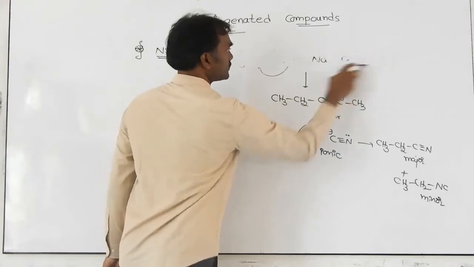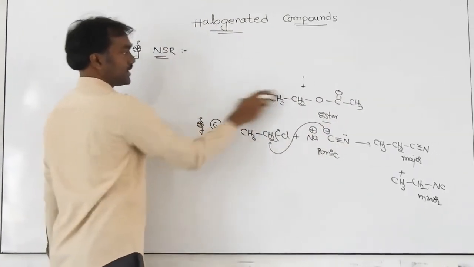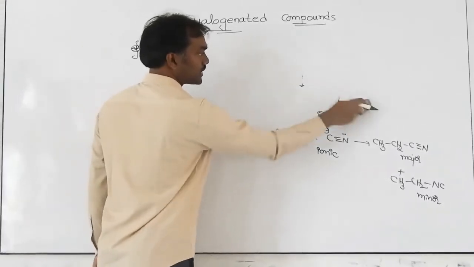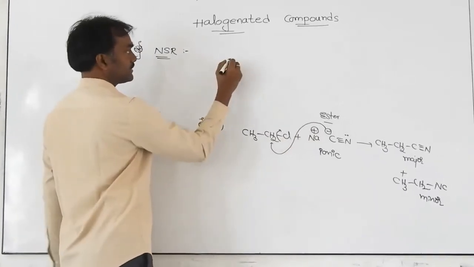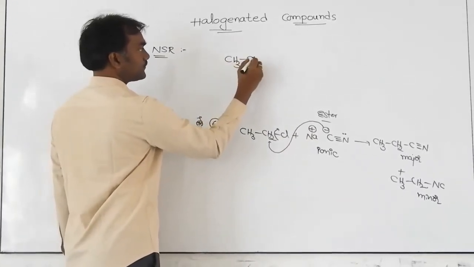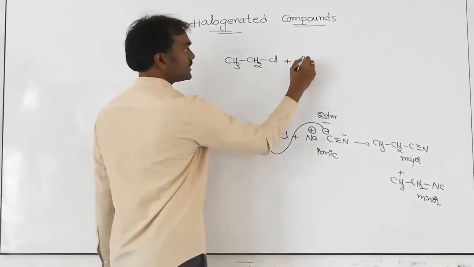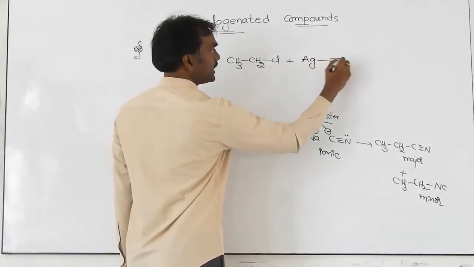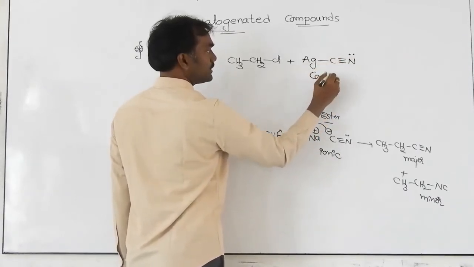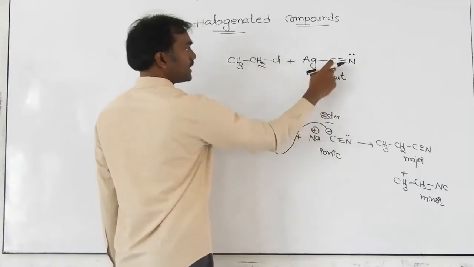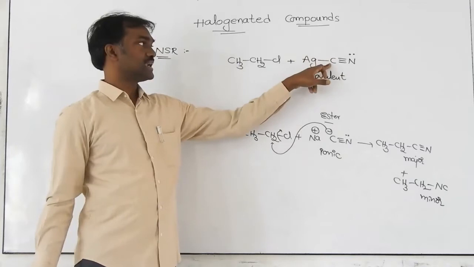Suppose instead of sodium you take silver. Silver is a d-block element, nearer to pseudo-octet configuration, so it has covalent character. CH3CH2Cl is treated with silver cyanide, giving AgCl. Between metal and carbon you have a covalent bond, so carbon is not connected.